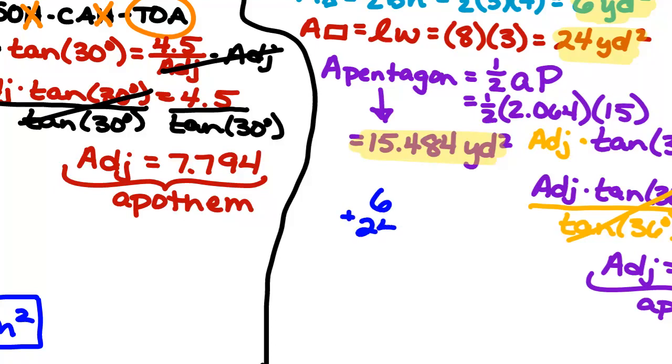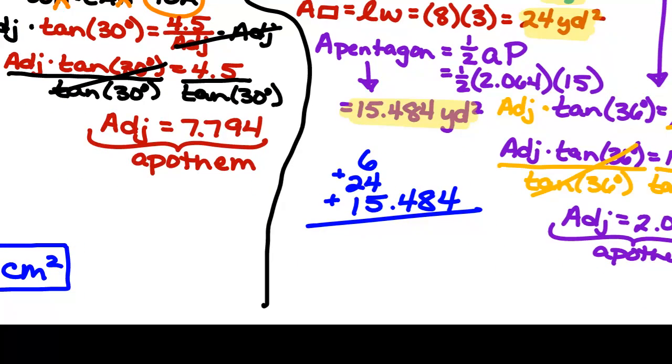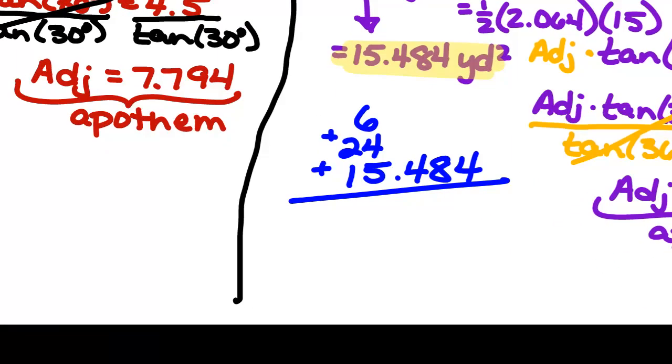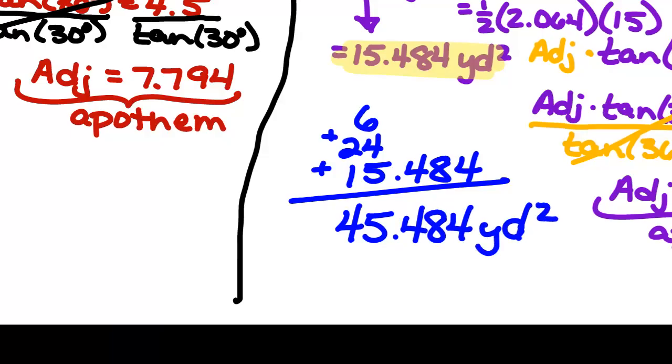6 plus 24 plus 15.484. What do we get for our composite area? How much? 45.484 yards squared.